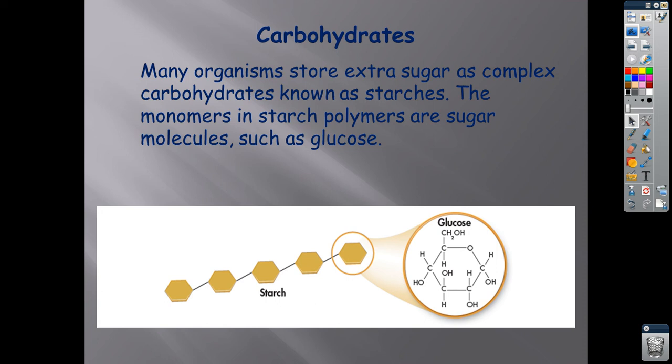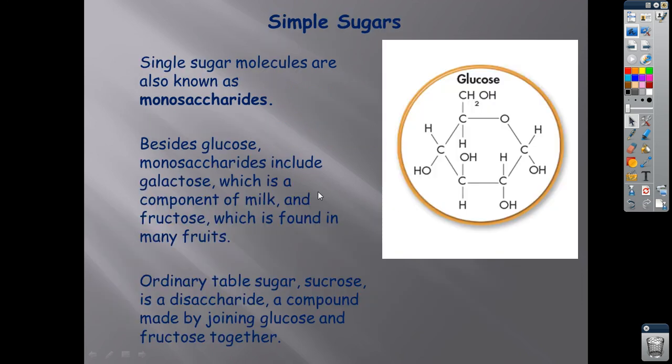So they're going to stick together and they're going to form this long structure of a polymer. We call that polymer a starch. Okay, glucose is, like I said, probably one of the most common sugars that our body uses to make a complex carb.